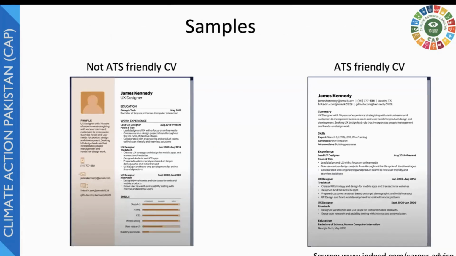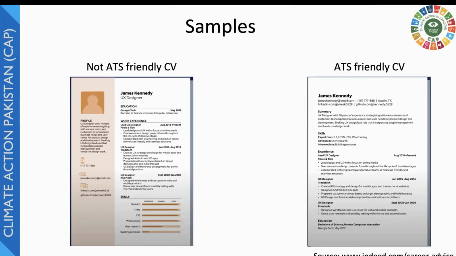So here are some samples of which is not an ATS friendly CV and which is the ATS friendly CV. Actually, the CV on the right side of the screen is the ATS friendly CV. An ATS friendly CV has distinct portions that separate education, experience, and skills, and an ATS software can easily pick these portions and get information from them. Whereas the one on the left is not ATS friendly because it has some infographics.